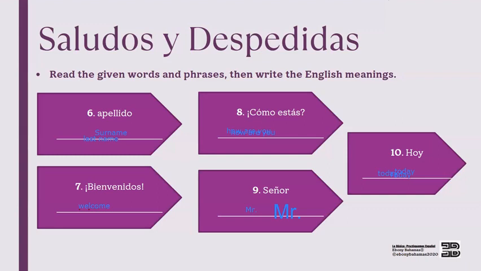Tomo means I'm taking, I'll take. So I'll take or I'll have. You normally use tomo when you're talking about food. Even though tener means to have, you don't say tener. You normally would say tomo, and then whatever drink you're having or whatever food you're eating.